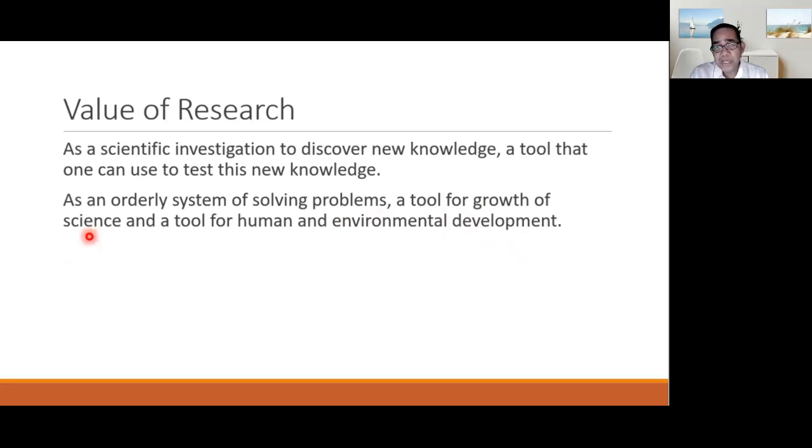And I would like to believe that one of the most dynamic sciences, if not the most dynamic science, is the field of medicine. And it is actually research that contributes to its dynamism.